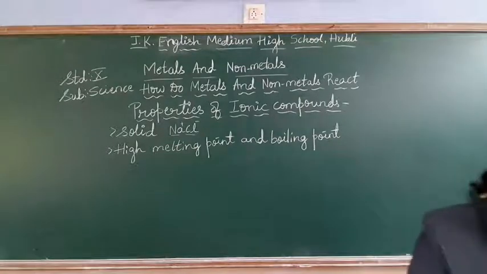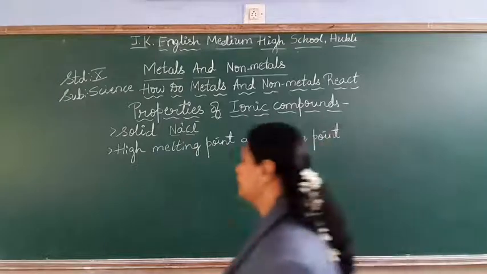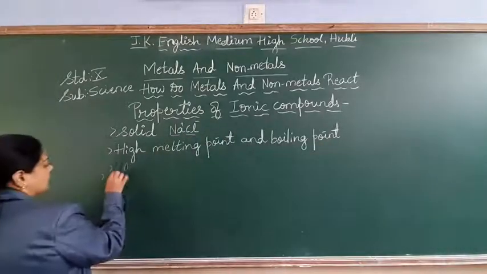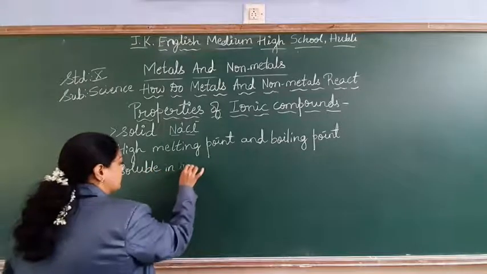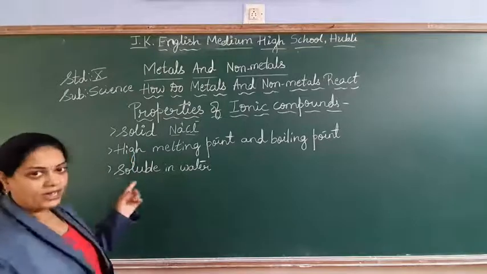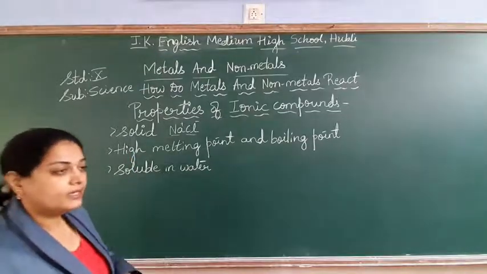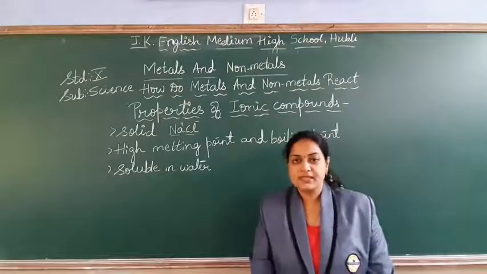Okay. The next property, they are soluble in water. Ionic compounds are soluble in water and they are insoluble in organic solvents. Which are called organic solvents, as you know?